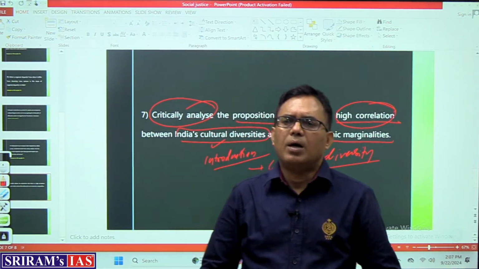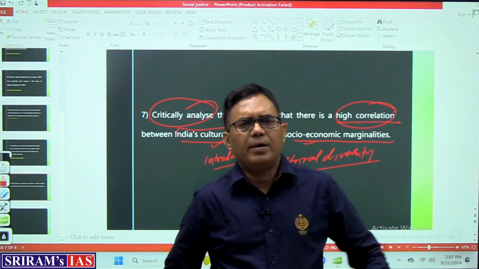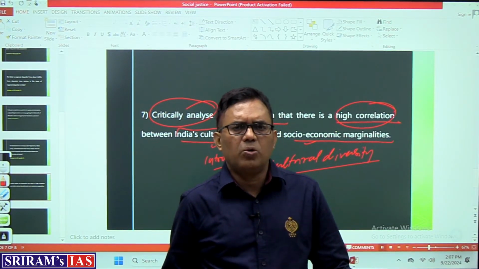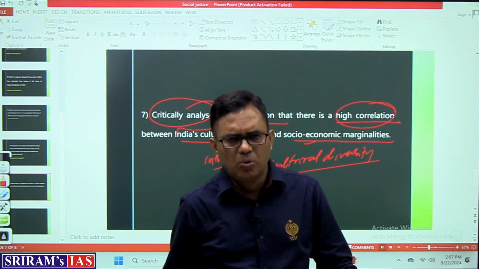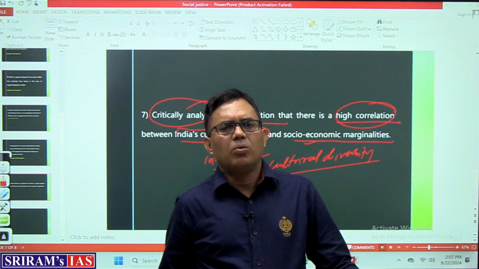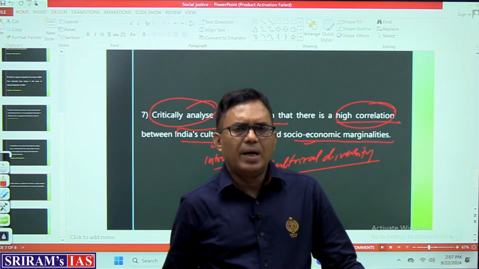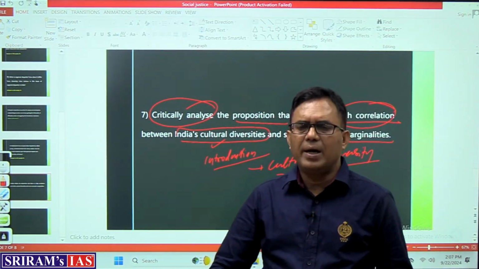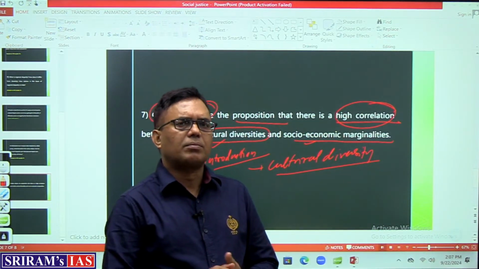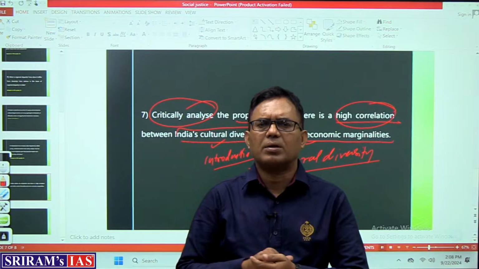Like sometimes we find movements within the country on the basis of cultural identity: Bodos, sometimes Nagas earlier, Bodos, now the Jharkhand movement earlier, now the demand in Gorkhaland. Sometimes in Punjab we find the demand for Khalistan.